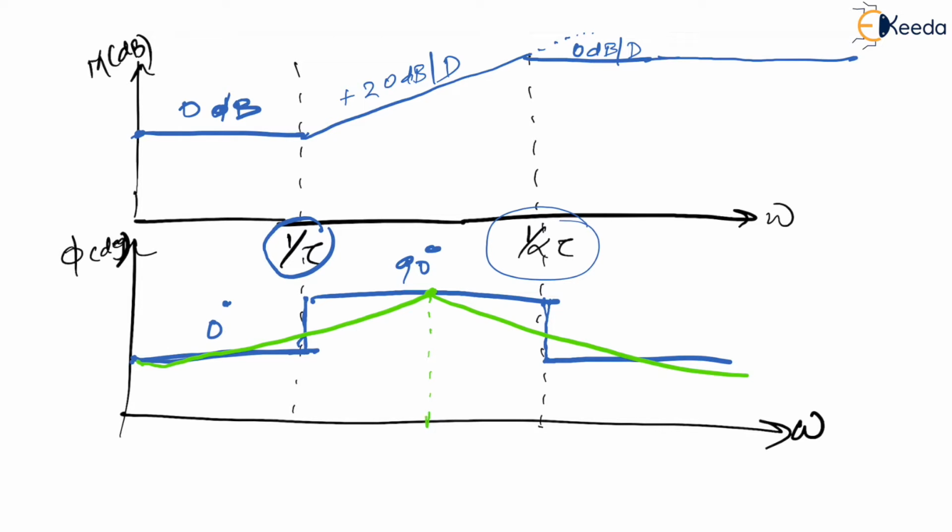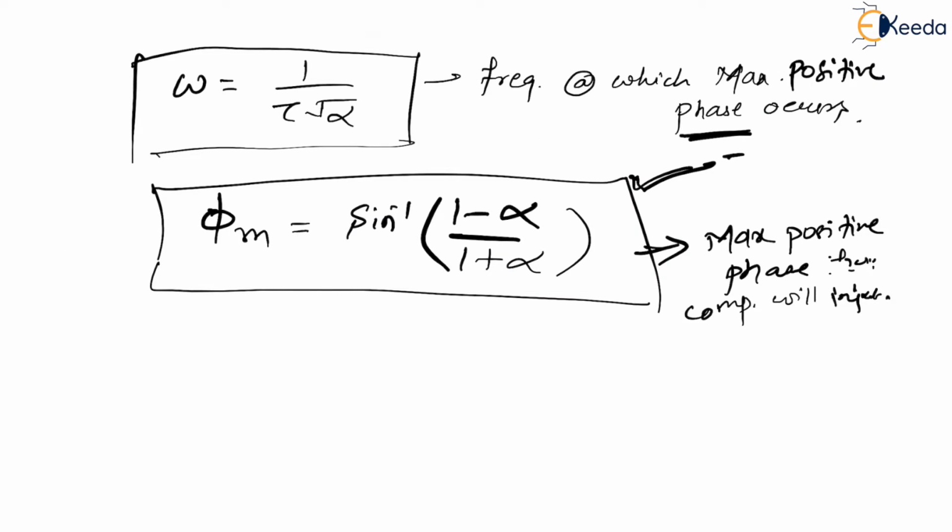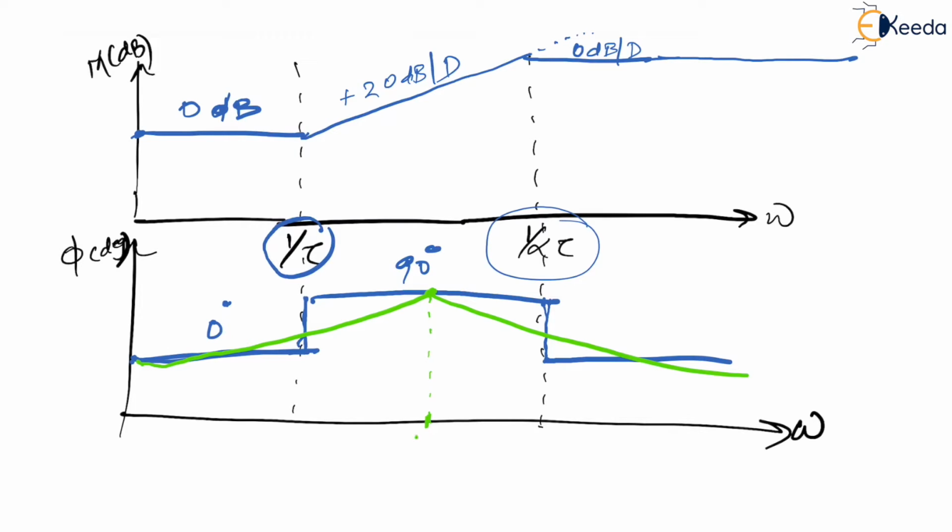This frequency is where that maximum phase occurred, which means it is 1 by tau into root alpha. Is that correct? Yes, definitely. Getting my point, right? So we have seen the Bode plot of a lead compensator.